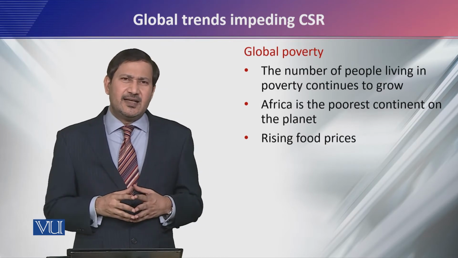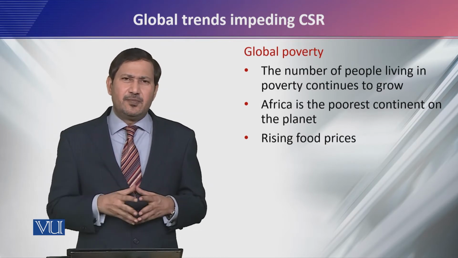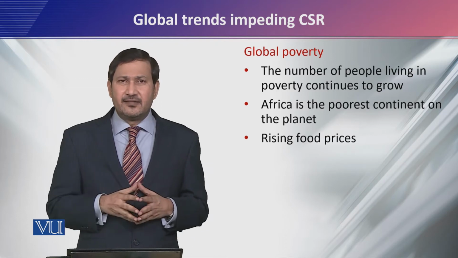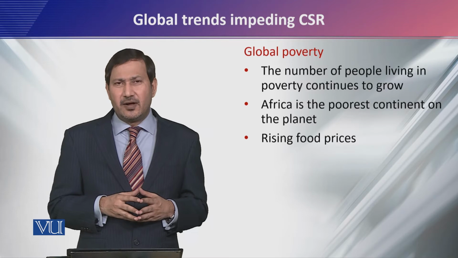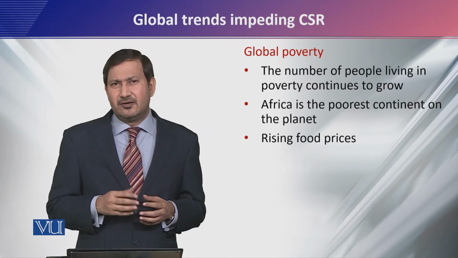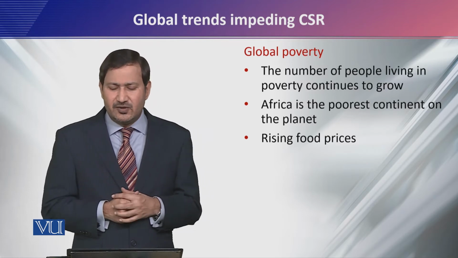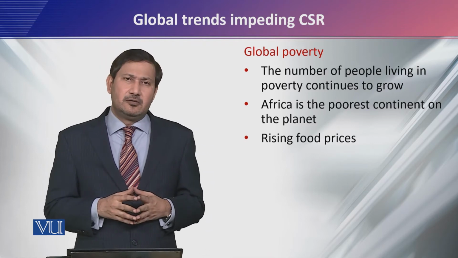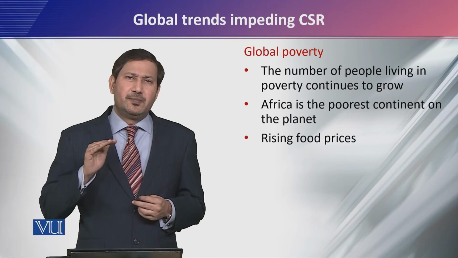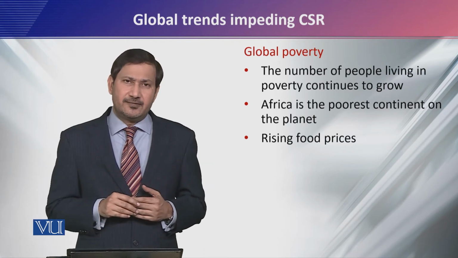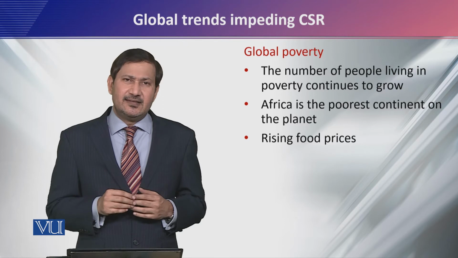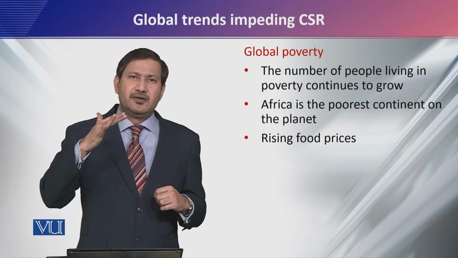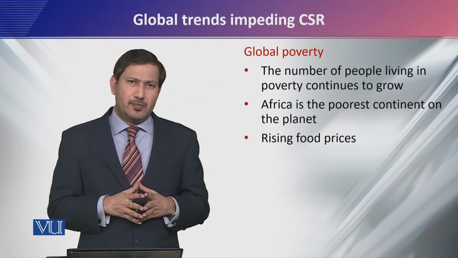Global poverty is another type of issue or factor that is impeding corporations to implement corporate social responsibility. The number of people living in poverty continues to grow. More people are getting poorer and poorer, and it is not easy for them to catch up with those who are in the middle class, or for the middle class to catch up with the upper class.